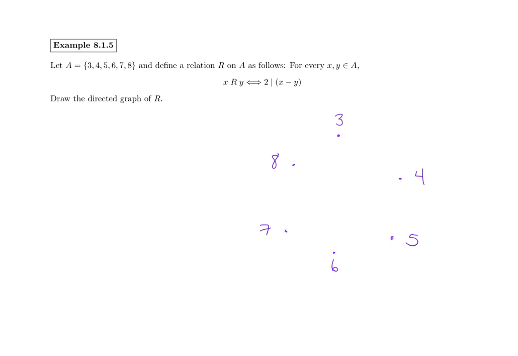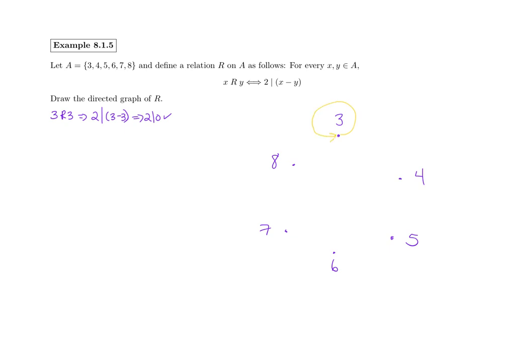Let's start with exploring this concept of a number being related back to itself. So if 3 is related to 3 by R, that would mean that 2 would be able to divide 3 minus 3, which would be 2 divides 0. And that works. So we can draw a loop around 3.